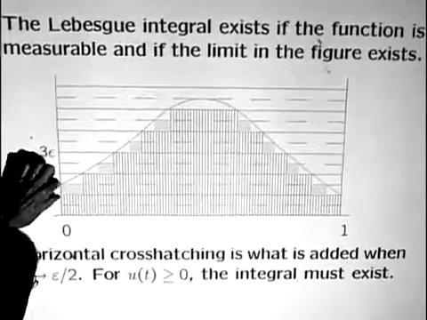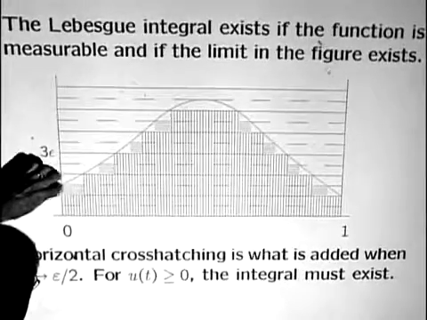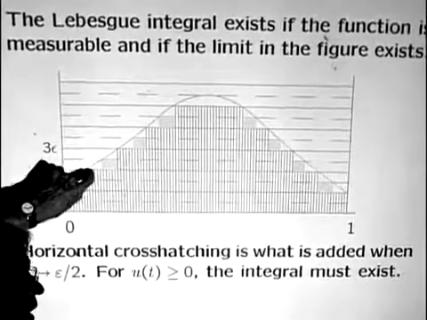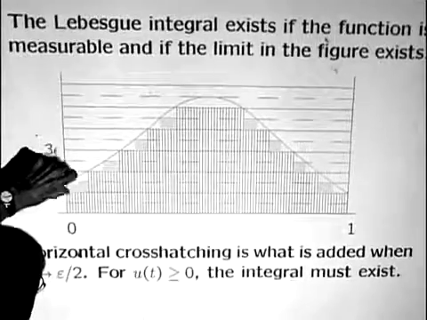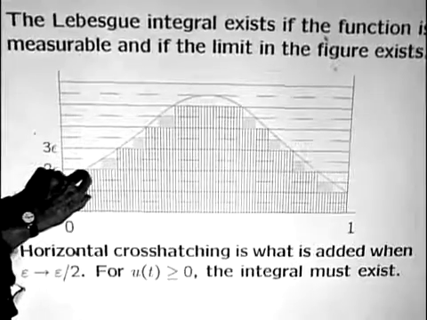Now, when I have this tinier interval, I see that this function is really in this interval from here to there also, and therefore, instead of representing the function over this interval by epsilon, I'm representing it by 3 epsilon over 2.